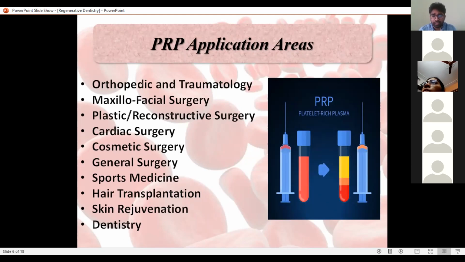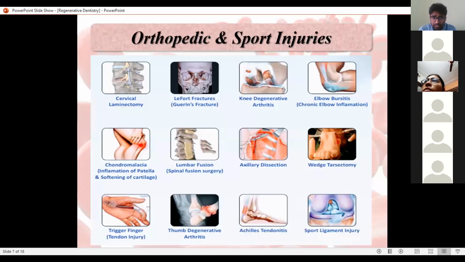Now it is used widely in sports medicine, during hair transplant, in skin regeneration, and in dentistry. Specific to orthopedics and sport injuries, we can use PRP in knee degenerative arthritis, thumb degenerative arthritis, sport ligament tears, and many conditions.